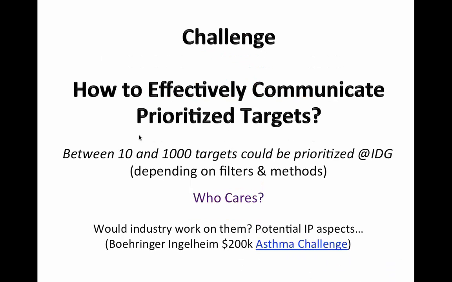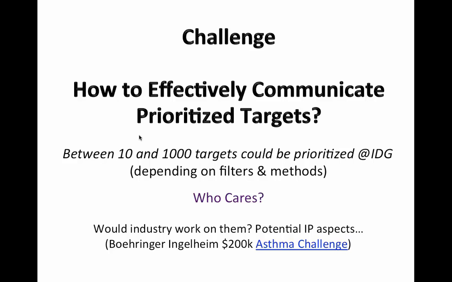So a definite challenge is how to effectively communicate the prioritized targets. So let's say we have a list of 32 targets, as I mentioned earlier. Who cares? And potentially we could have anywhere between 10 and 1,000 targets to be prioritized. And just to give you an example, on the Innocentive website, Boehringer Ingelheim is awarding a one-time 200,000 award for someone that will come up with a new target for asthma.